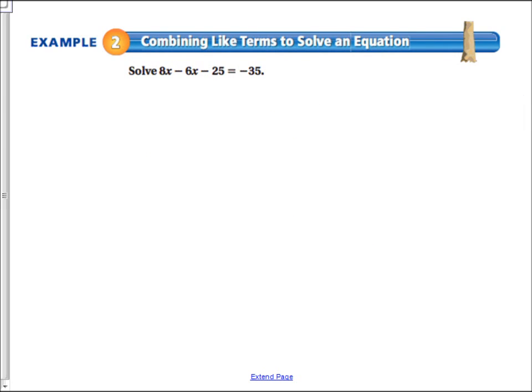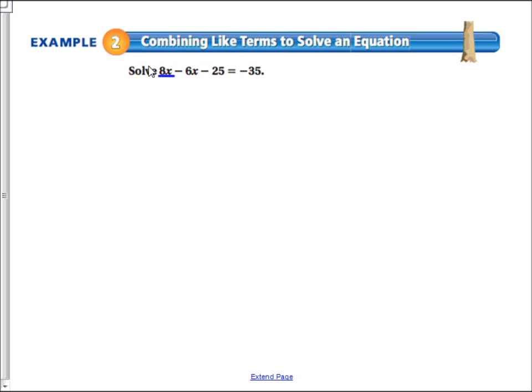All right, in example number 2, I have a little bit of additional work that I need to look at before I can solve for x. So the problem is 8x minus 6x minus 25 equals negative 35. So before I start taking things or adding things to both sides, I notice that I have some like terms that I can combine.